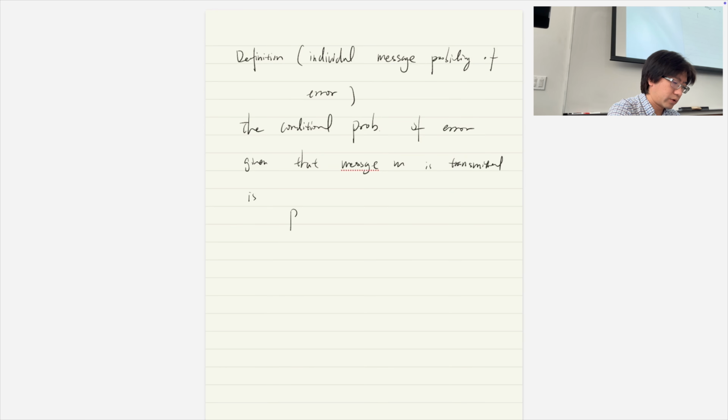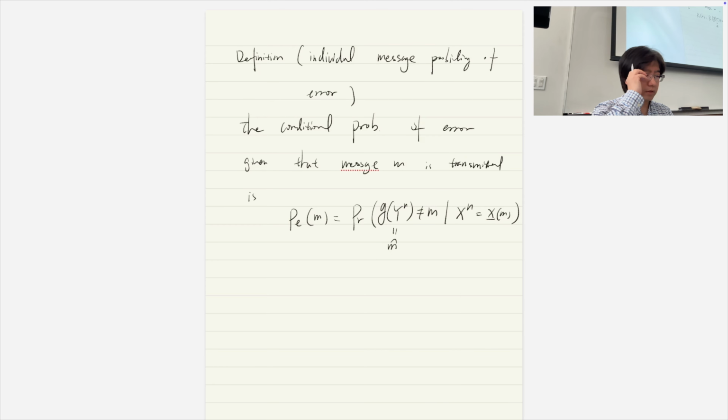We call that P_e^m. It's a conditional probability given X^n equals X^n(m), and then the probability that g of Y^n, which equals m hat, and m are not equal. That's the probability of error for an individual message.